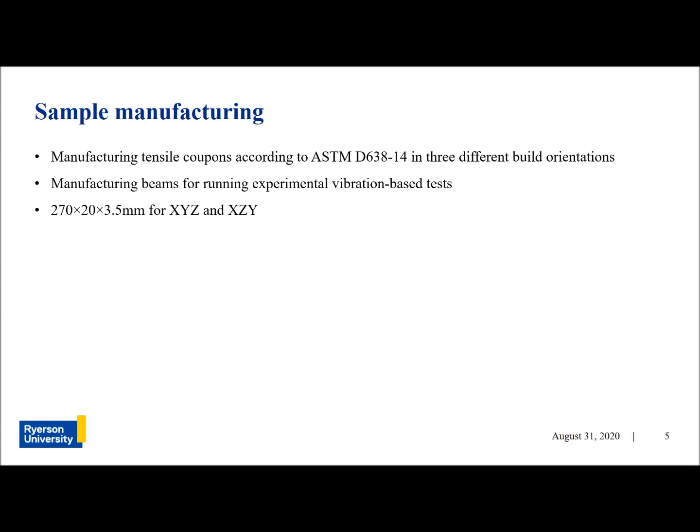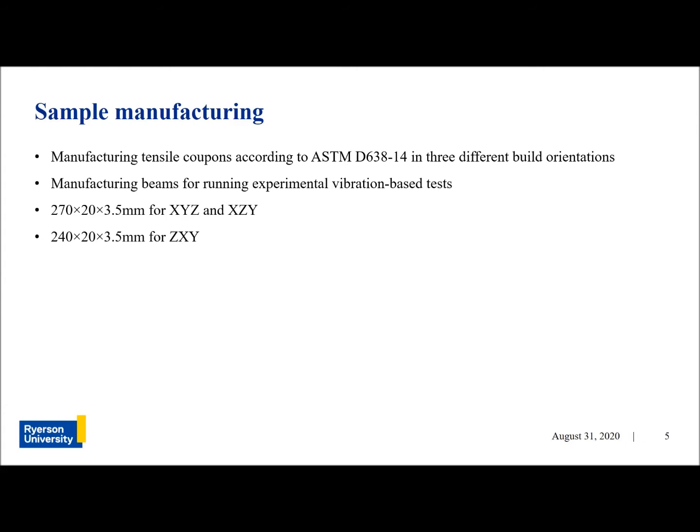It was because the 3D printer was restricted to manufacturing samples with 250 mm in height. One might ask, why did you not 3D print all the samples with the same shorter height? And I would reply, we faced this issue once we had manufactured samples in XYZ and ZXY, and then we realized we could not manufacture ZXY beam samples with the same height.